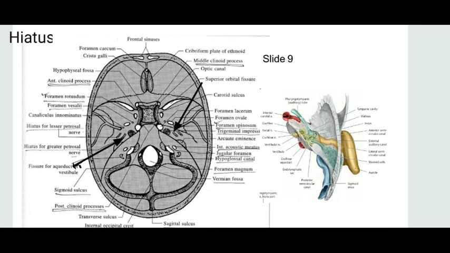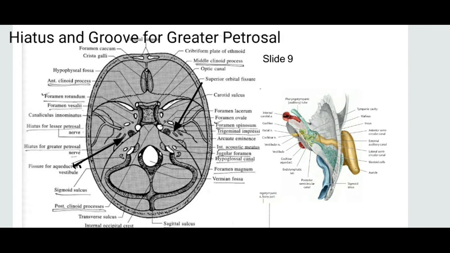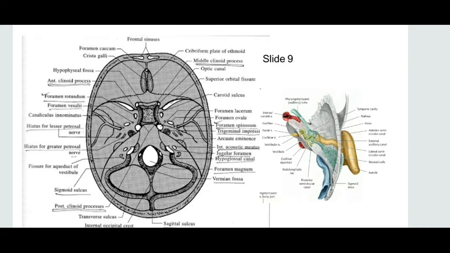Next, hiatus and groove for the greater petrosal nerve. They are present lateral to the trigeminal impression and they lead to the foramen lacerum. The greater petrosal nerve is a branch of facial nerve.